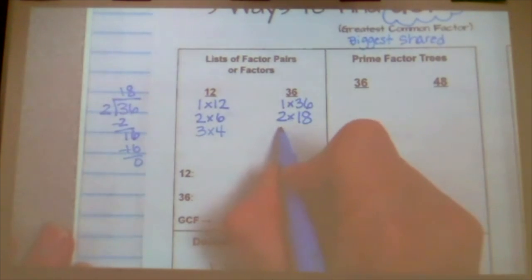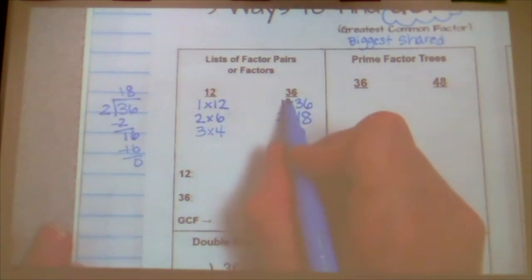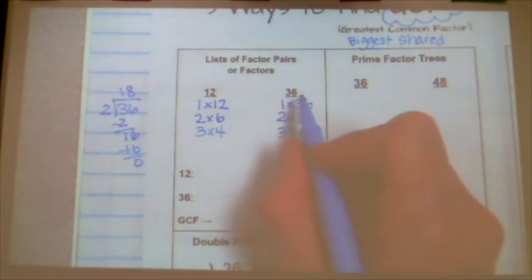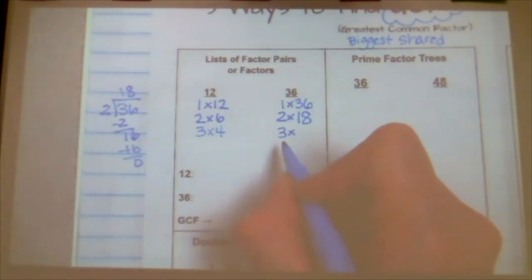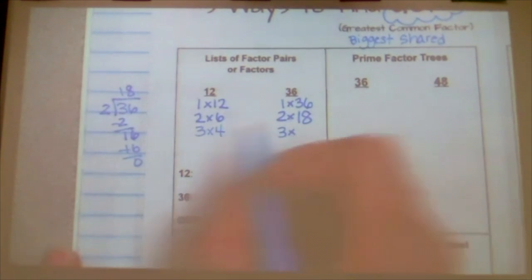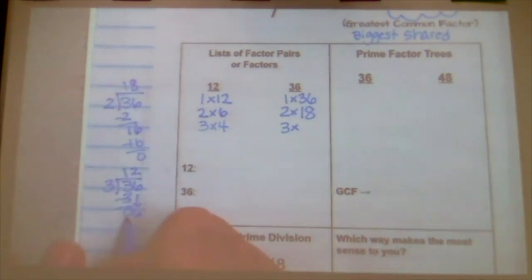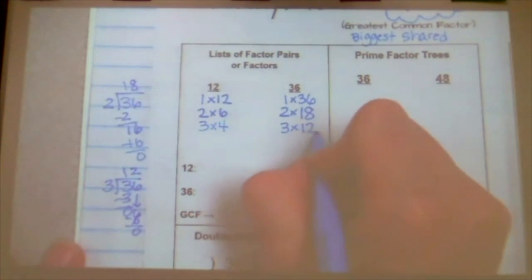Next, I'm going to try a 3's fact. Now I know that there's going to be a 3's fact because I have a great trick. If you add up the digits and it's divisible by 3, you know there's a 3 fact. So because 3 plus 6 is 9, I know there's a 3 fact. So I'm going to do some division again off to the side and figure out what it is. Three times 12.